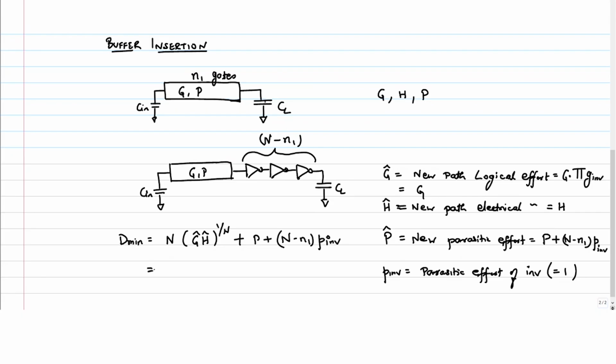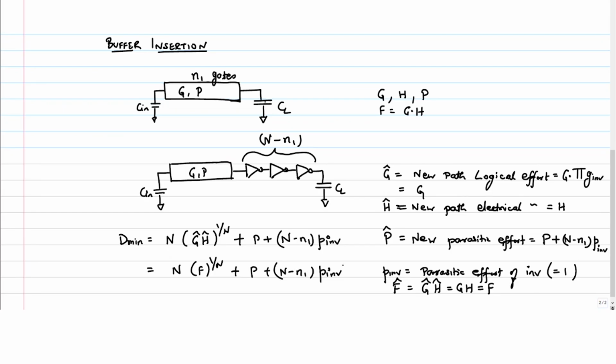Of course, we know that this is nothing but n into f power 1 by n. Okay, so if f is equal to g into h for the old circuit, then f hat, which is g hat into h hat, is also equal to gh, which is f. That doesn't change. So n into f power 1 by n plus p plus n minus n1 into P in.